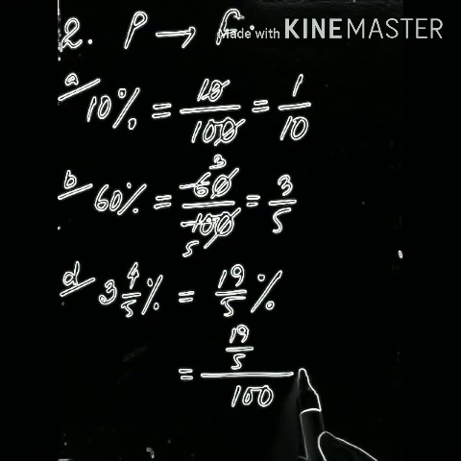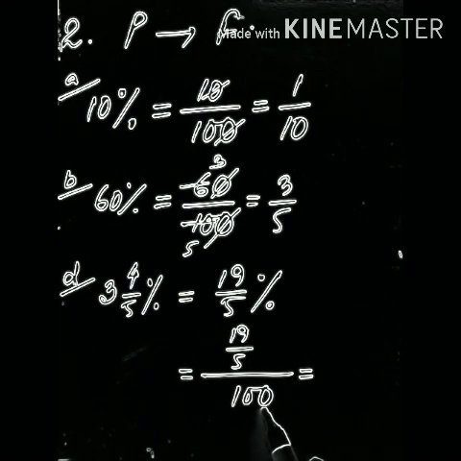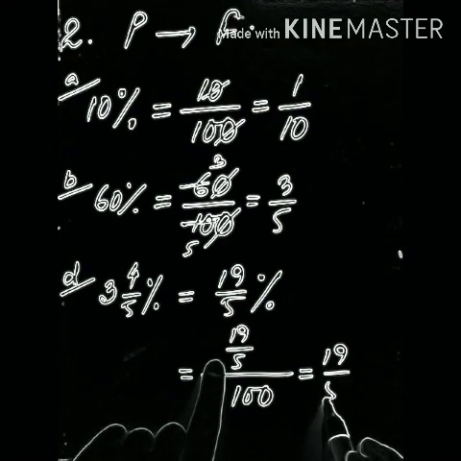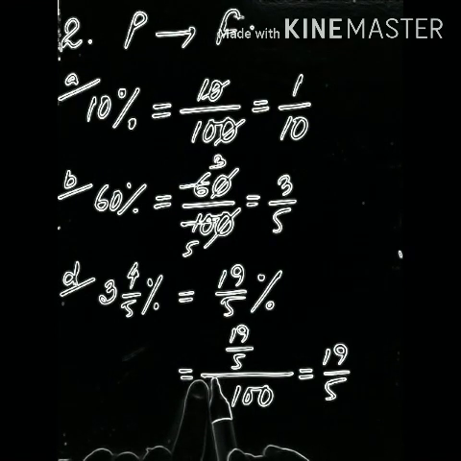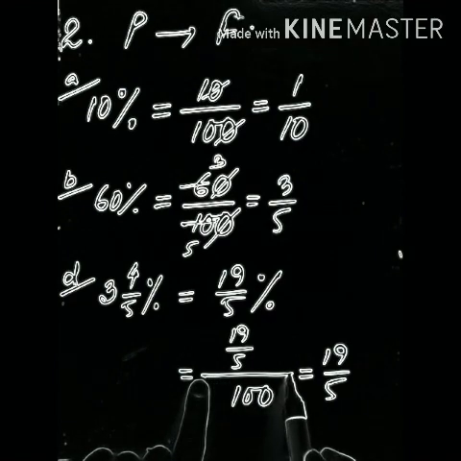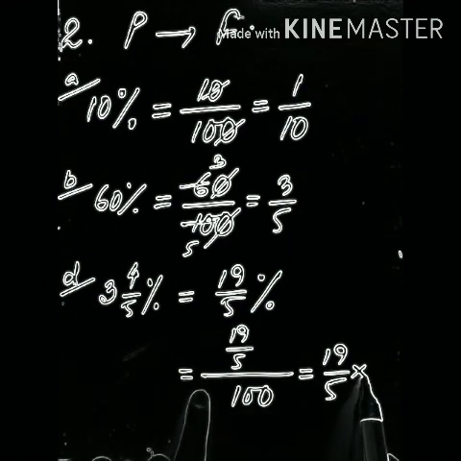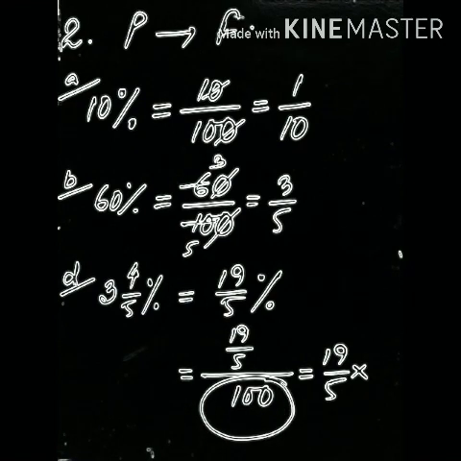Equal to 19 by 5 divided by 100. So this 19 by 5, I'll write here 19 divided by 5. Now this is actually what? Division. Now I'm going to convert this division into multiplication. If we convert division into multiplication, then we have to write the reciprocal of this part.